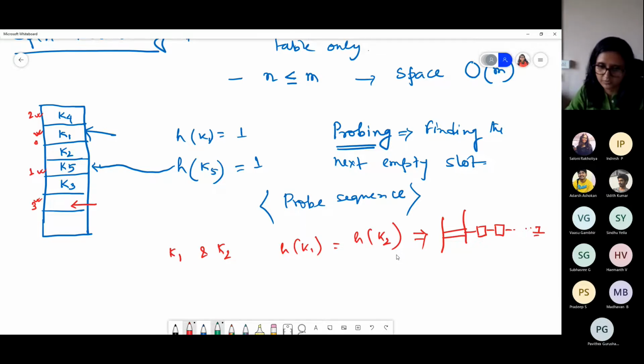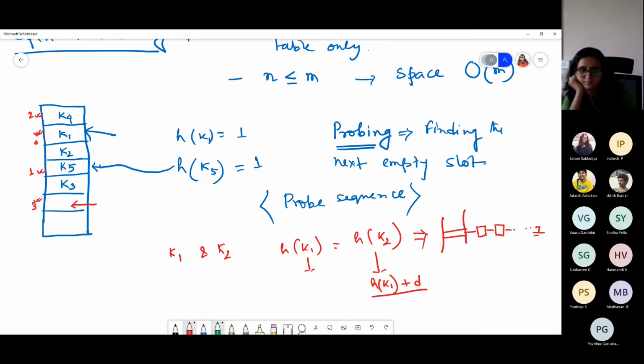Then how do we identify where k1 was stored before? It is in the H of k1 position, but k2 is not in the H of k1 position, it is some distance away. So it may be the position of H of k1 plus some distance D. But how do we find that it is stored in this position?